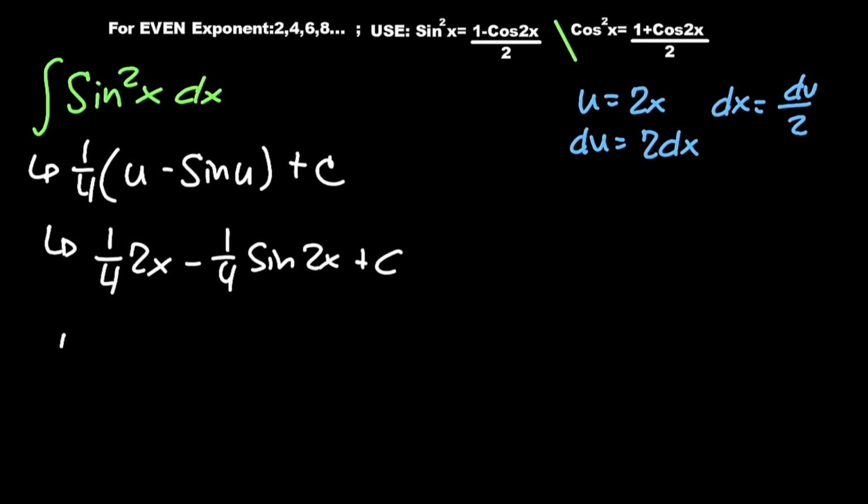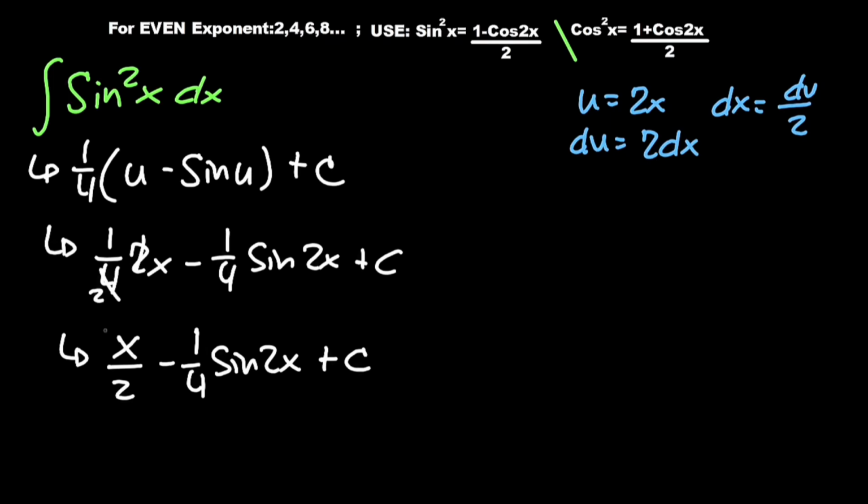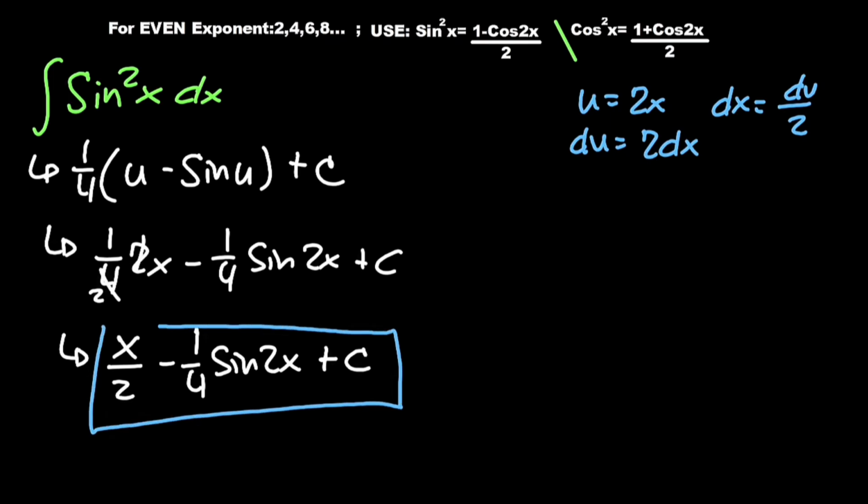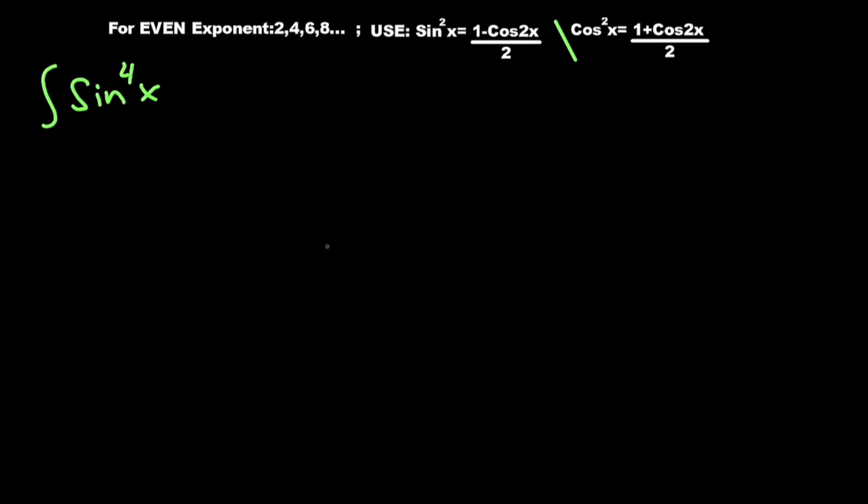Or you can just put it like this. Since 2 and 4 will divide each other, this would be equal to 2. So, it would be x over 2 minus 1/4 sine of 2x plus c. The integral for sine to the power of 4 of x dx.